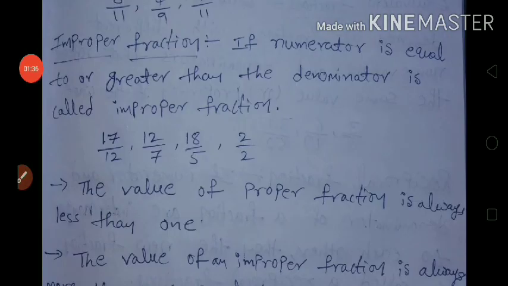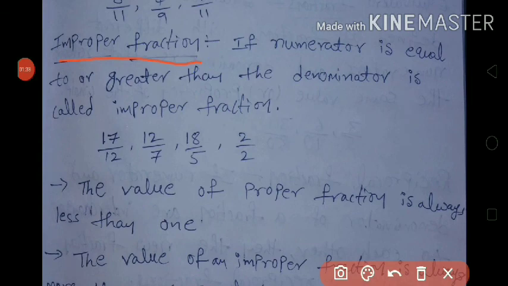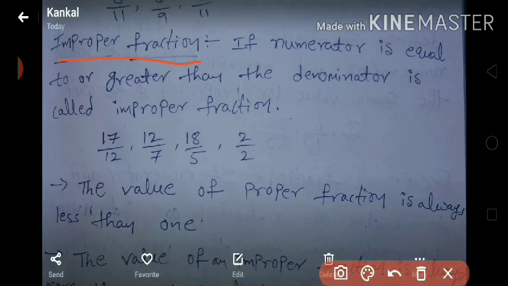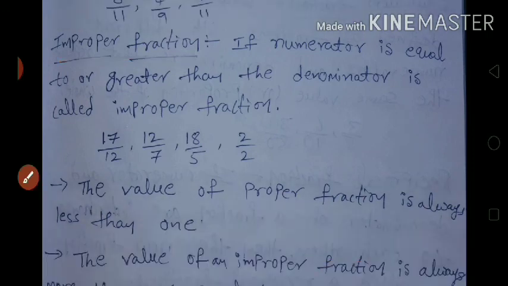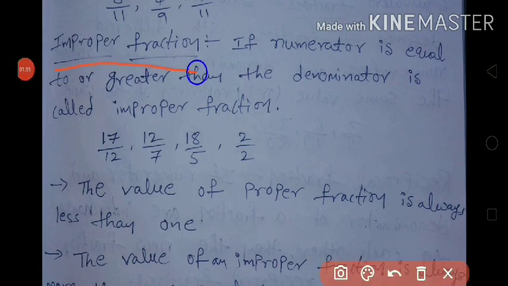Improper fractions. If numerator is equal to or greater than the denominator, then that type of fraction is called improper fraction.